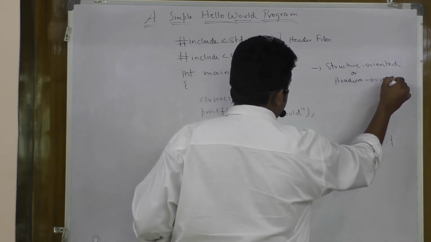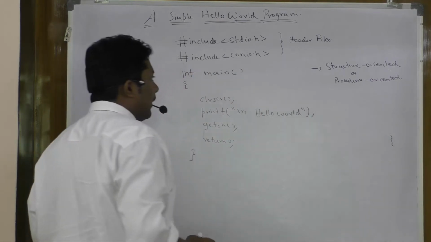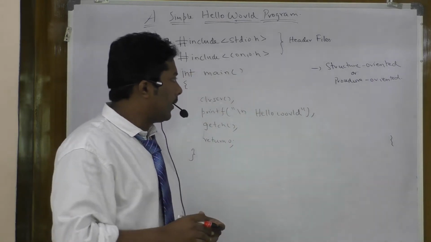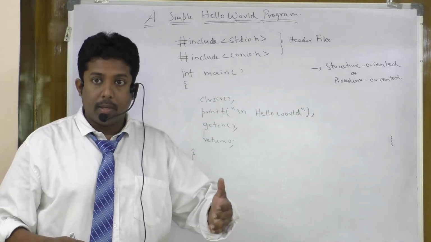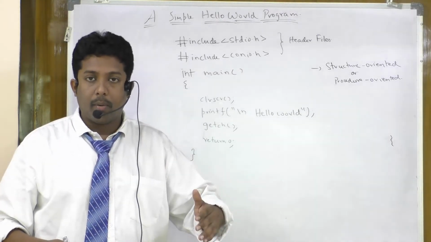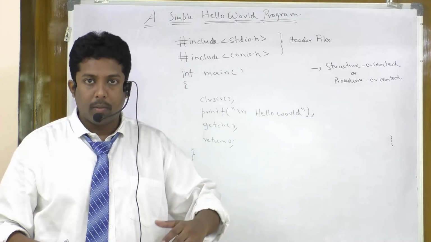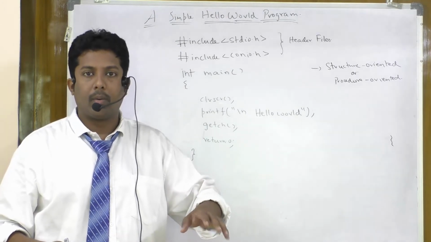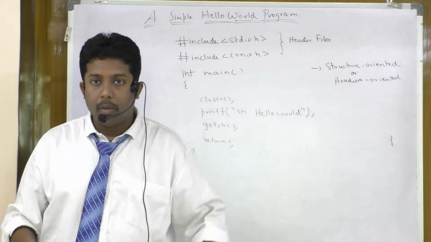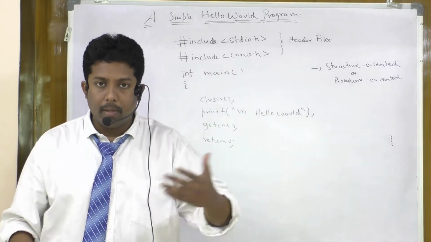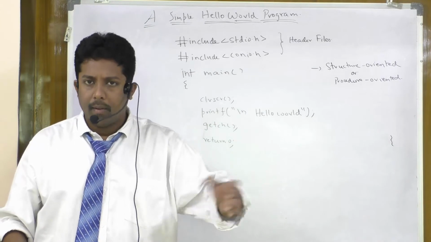To counter this, the next level is C++, which is known as an object-oriented programming language. The drawbacks in structure-oriented languages were eliminated, and object-oriented programming languages like C++ or Java came into existence.